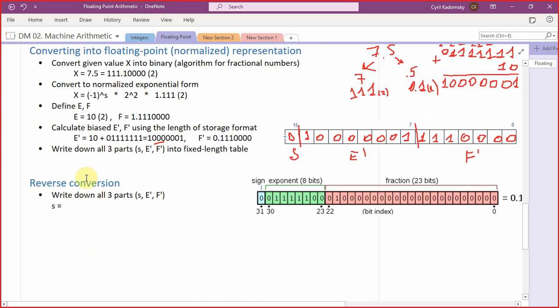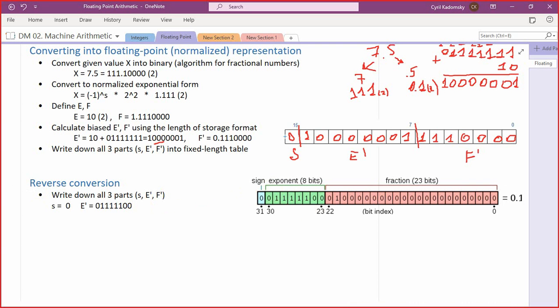In this particular example, we know what the biased exponent is. It is shown in color here, but first is the sign. Sign is 0. It means that the value will be positive. The biased exponent, let's write it down. It is the blue or cyan color: 0, 1, 1, 1, 1, 1, 0, 0.